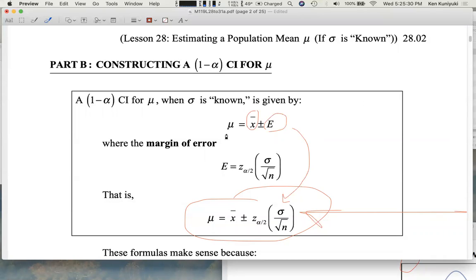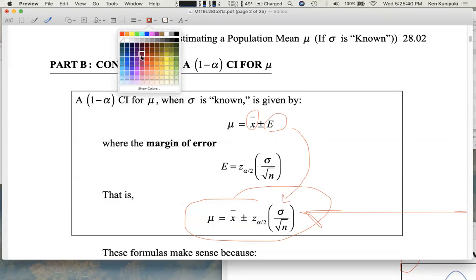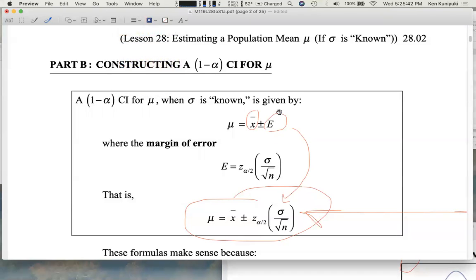The population mean, we believe, is the sample mean, give or take this margin of error, E. I'll put this in blue. This margin of error, E, where E itself is given by this formula. And then when you put these pieces together, you get this formula on the bottom.